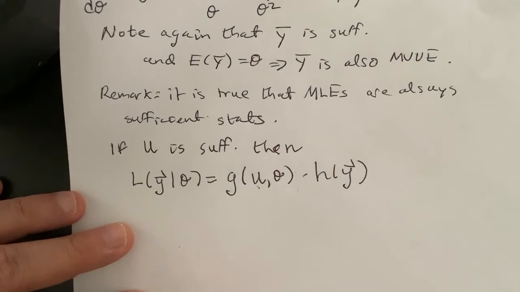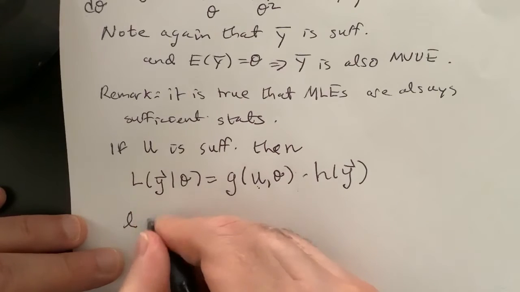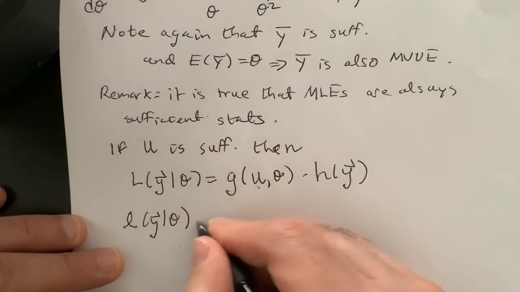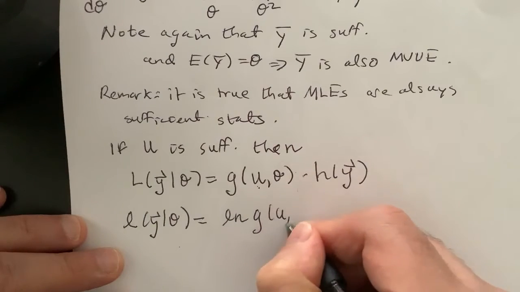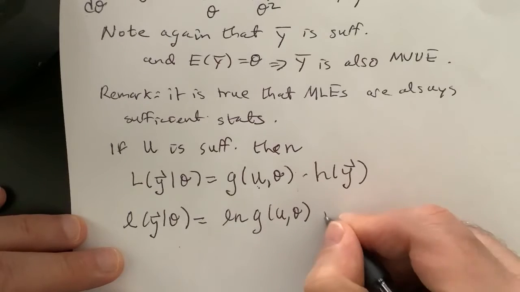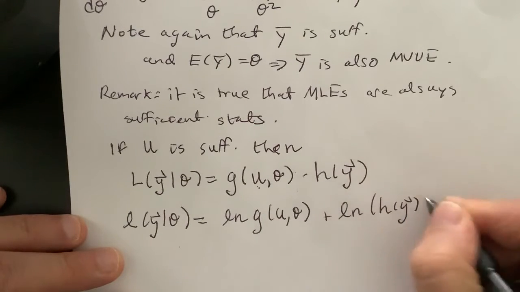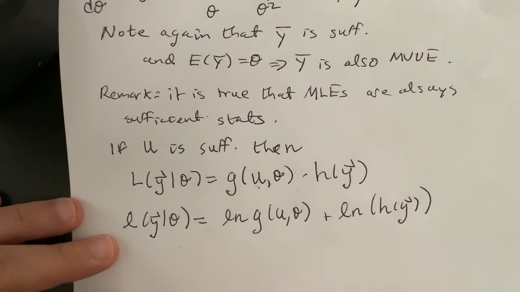So taking the log of both sides, we have l(y; theta) equal to ln g(u, theta) plus ln h(y). And maximizing this has nothing to do with the function h of y.